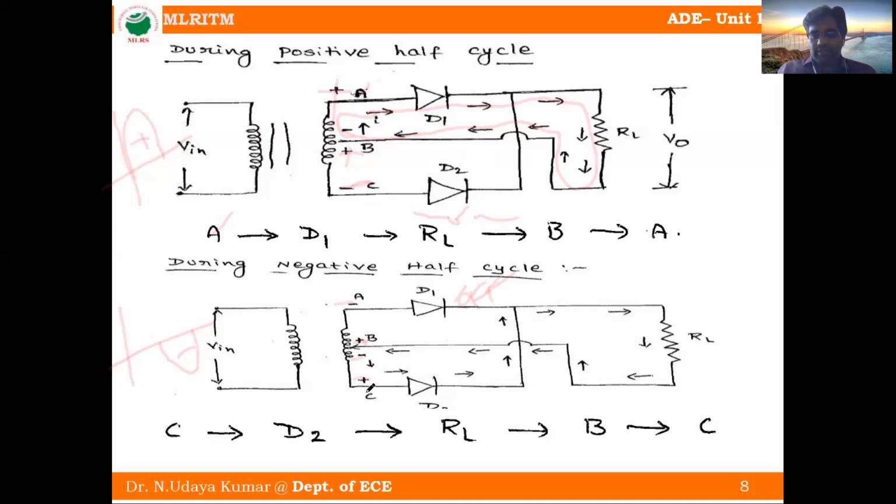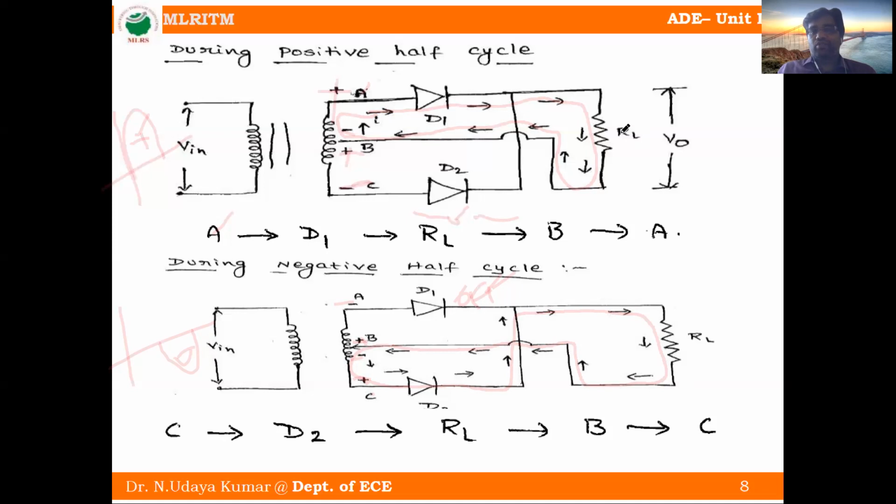Forward bias means current is passing this way, through the load, and through this region, and it creates a closed path. So in both cases, current will pass during the positive half cycle and during the negative half cycle.